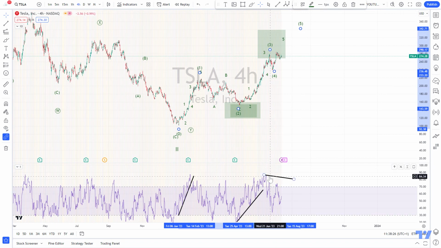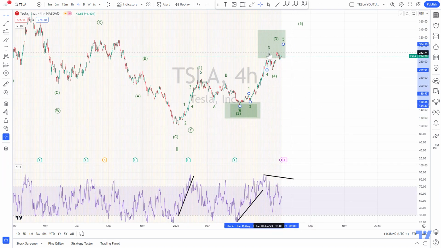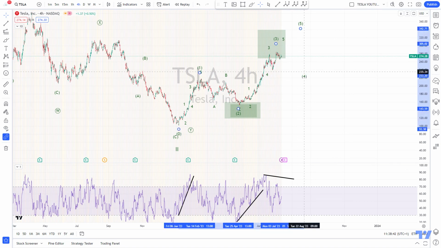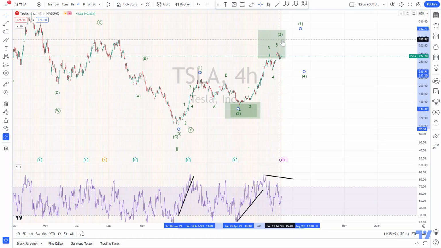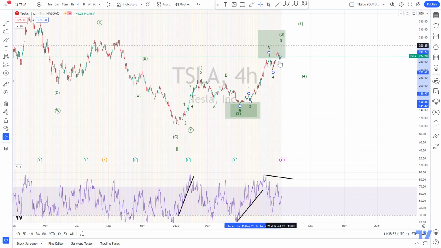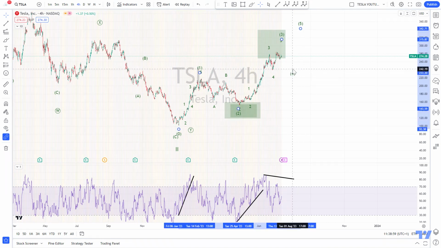But therefore, we need to take out this divergence. As long as the divergence is respected, my primary scenario is that the pullback was not in yet. The bigger pullback, I mean, here already we had some kind of pullback, but the bigger pullback has still to come, and then it looks like this: a bit more upside to finish this wave 5 and this wave 3, and then pulling back in a wave 4.